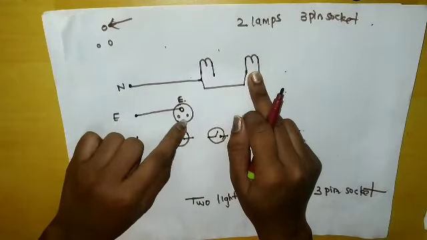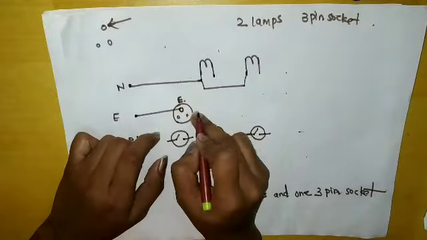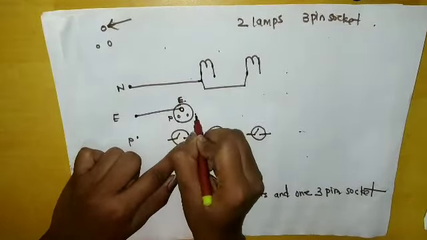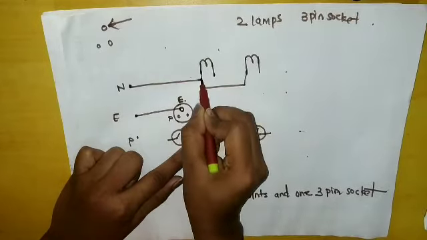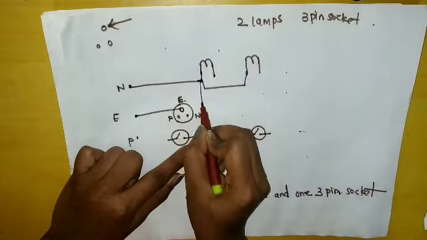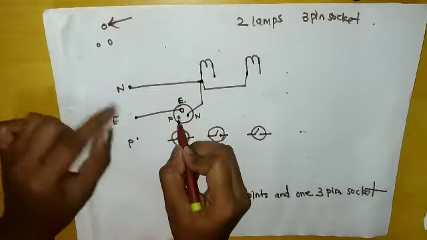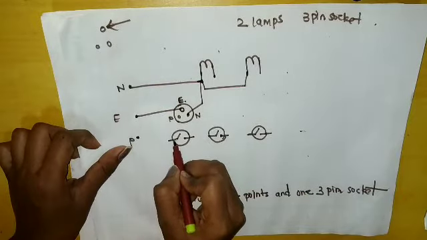Now we have to provide neutral here also, because 3-pin it has earth, phase and neutral. So this is our phase and this is neutral. So what we will do, from this appliance we will connect here neutral. Okay, and now phase, from here we will give phase to this switch.